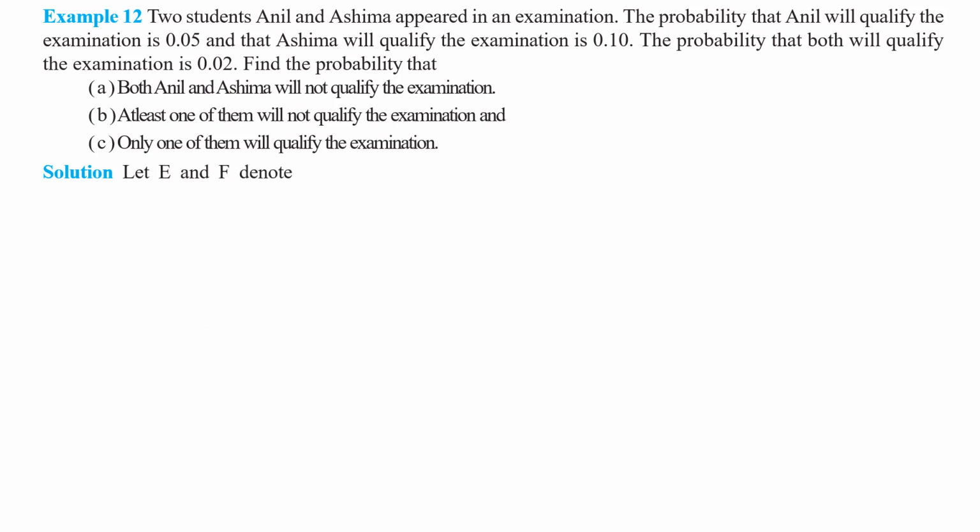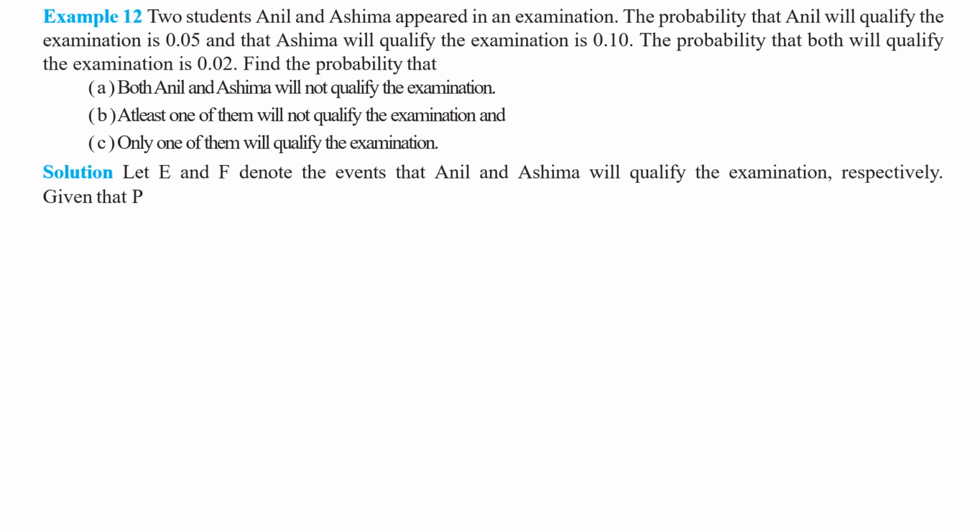Now come to the solution. Let E and F denote the events that Anil and Ashima will qualify the examination respectively. Given that P of E is equal to 0.05, P of F is equal to 0.10 and P of E intersection F is equal to 0.02.